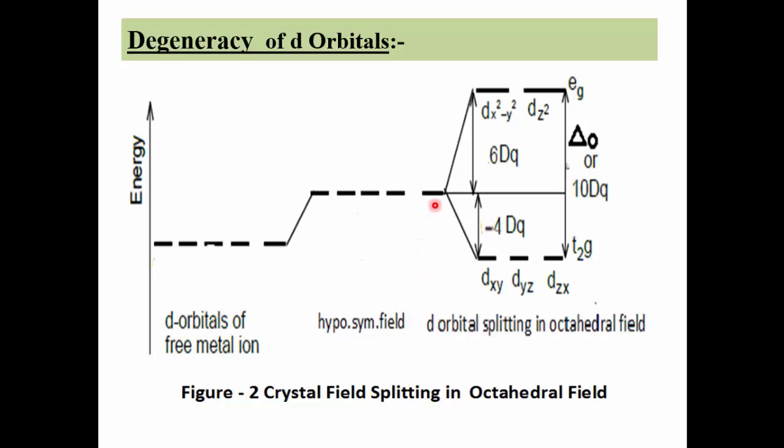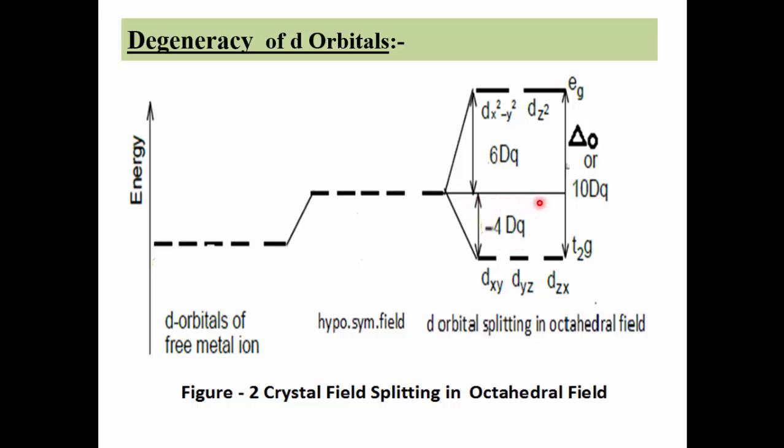And when Eg orbitals interact with a ligand, their energy increases. So the energy of Eg, that means dx square minus y square and dz square, is increased by 6 Dq, while the energy of T2g orbitals dxy, dyz, dzx is decreased by minus 4 Dq amount.